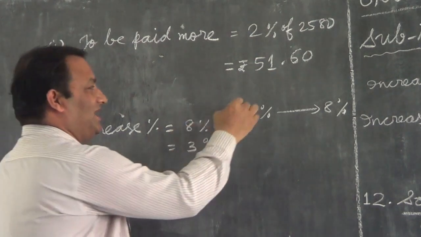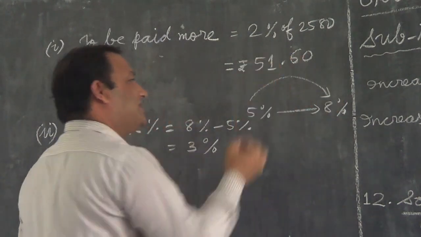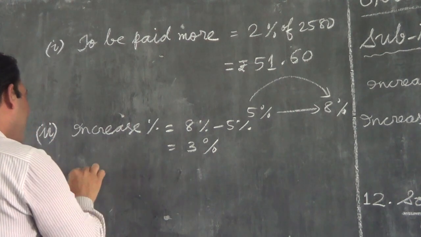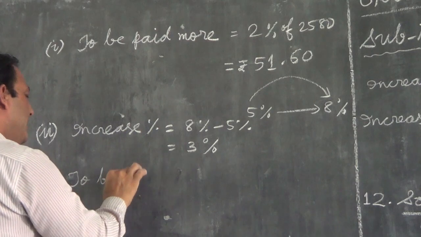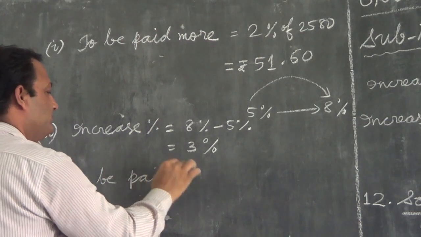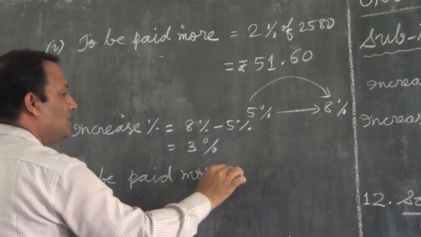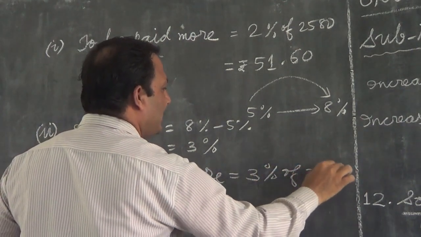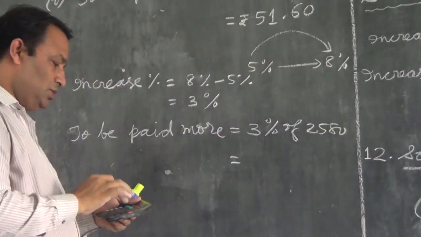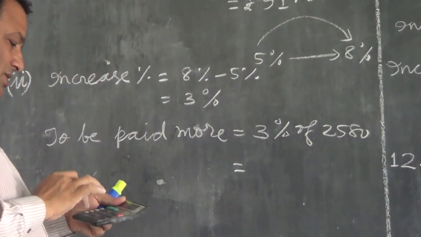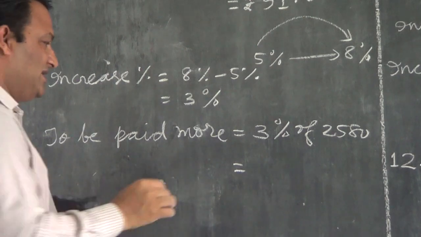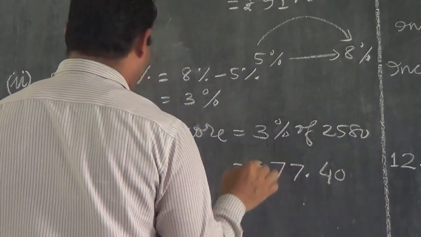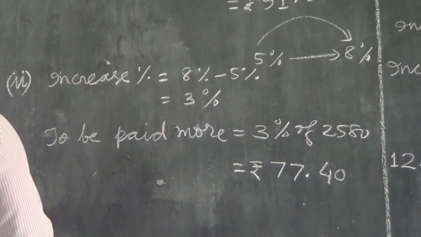So to be paid more, how much to be paid more? 3% of 2580. So 2580 into 3%, 77.40 rupees is to be paid more.